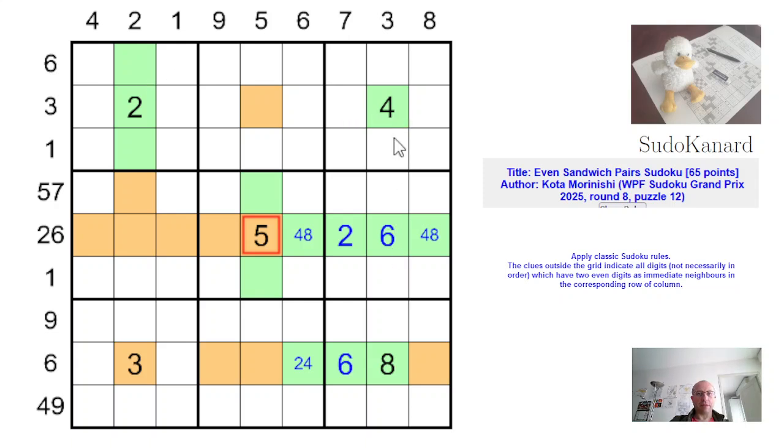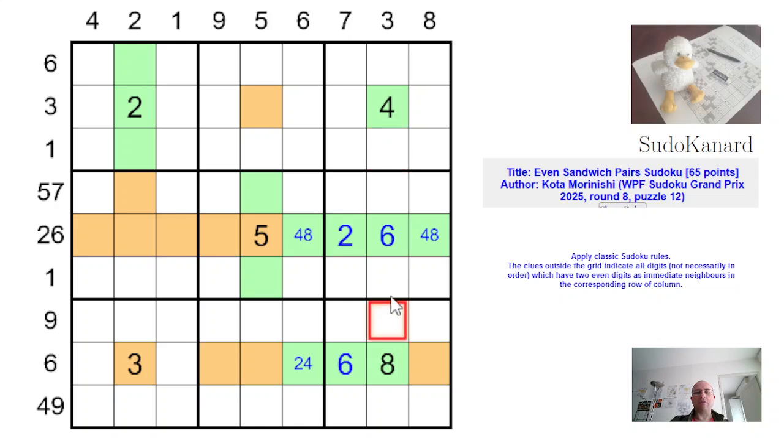Where's the next place to look? 3 could be in several places. It could be here, it could be there, it could be here, it could be there. So in those cases, the second part of the sandwich, namely, actually 3 here would put the 2 there, so 3 is not here.